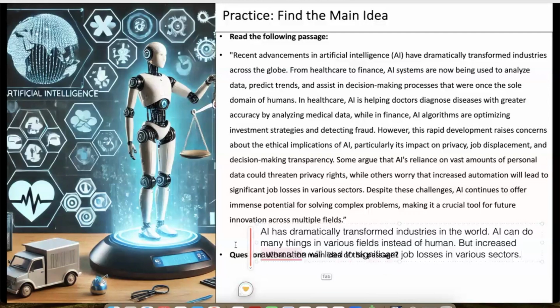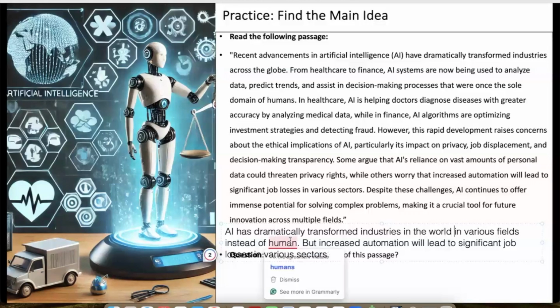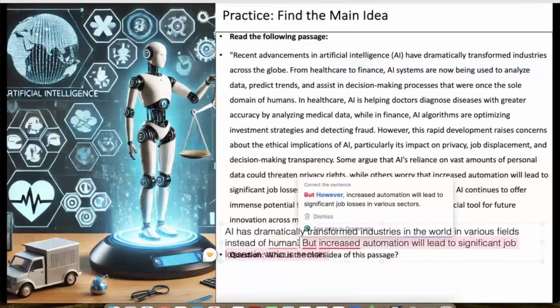So AI has dramatically transformed industries in the world in various fields. I'm going to get rid of this one. There's no need to use this one now.